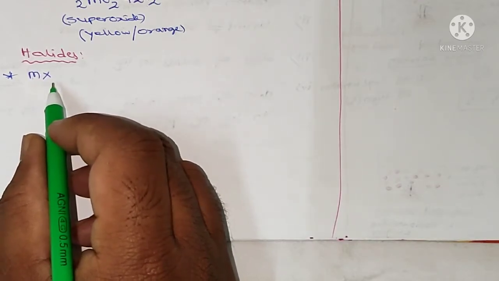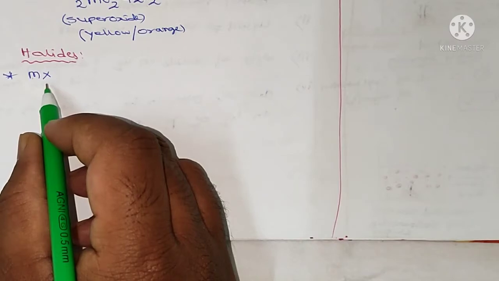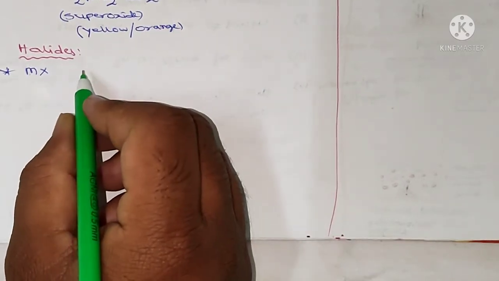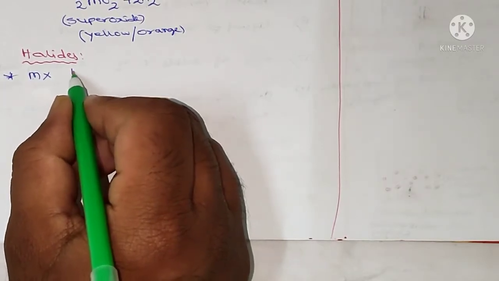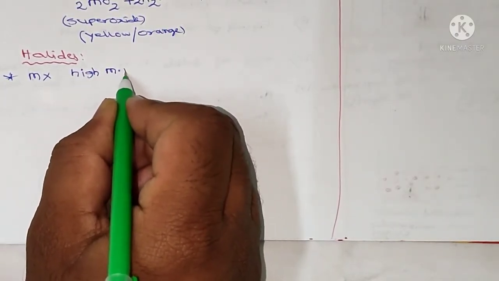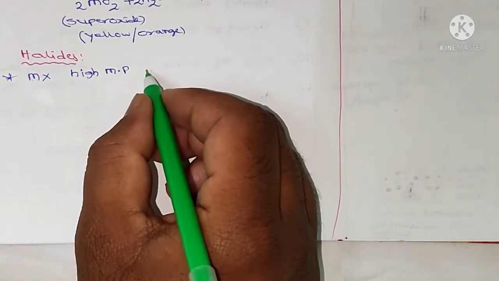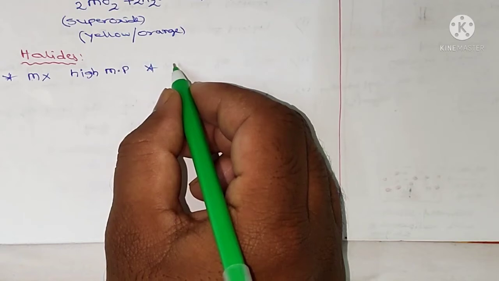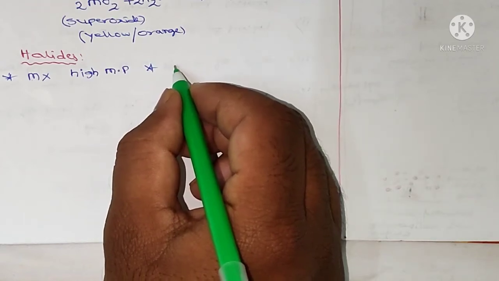They have high melting points, and the enthalpy of formation of fluorides decreases down the group.